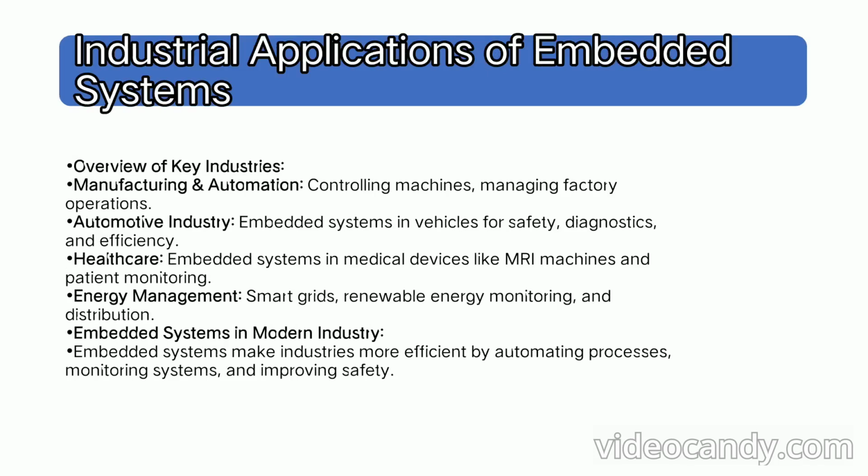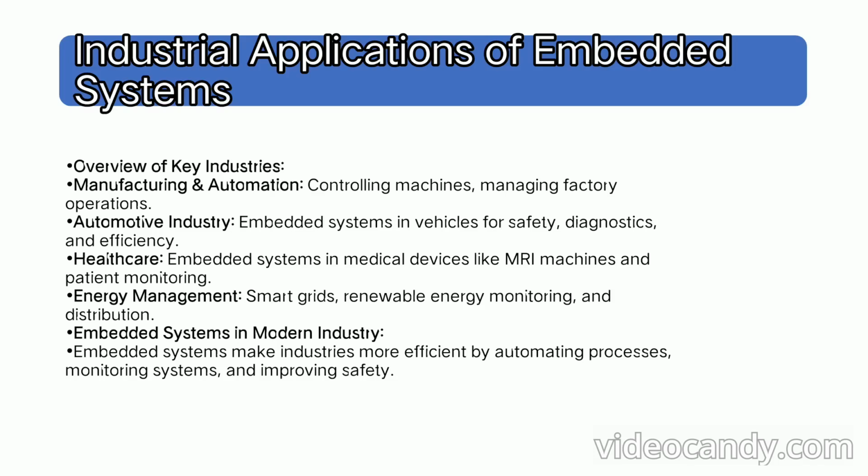Overview of key industries: manufacturing and automation, controlling the machinery, managing factories and operations. Automotive industry, embedded systems in vehicles for safety, diagnostics and efficiency. In healthcare, embedded systems in medical devices like MRI machines and patient monitoring. In energy management systems, smart grids, renewable energy, monitoring and distribution.